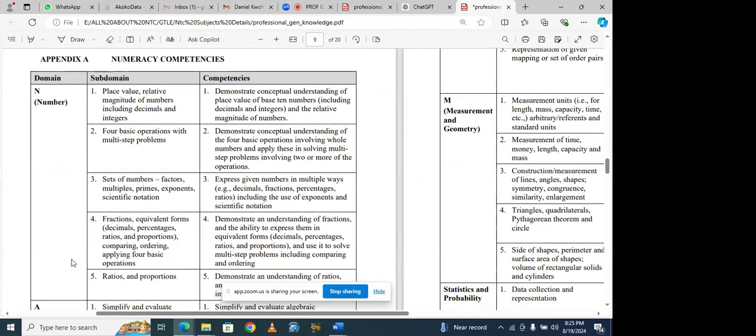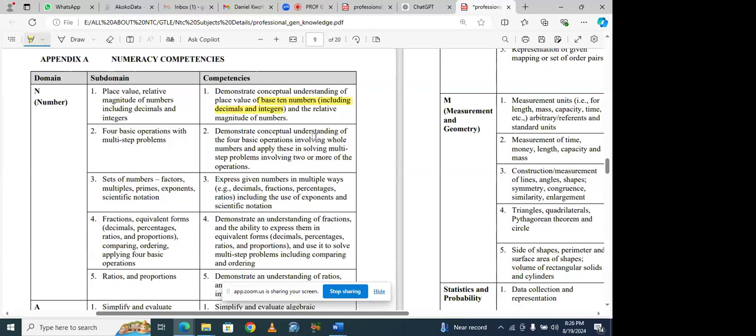So let's go through the topics one after the other. The main domain here is number. Under number, the topics we are expected to know about are base 10 numbers, including decimals and integers.